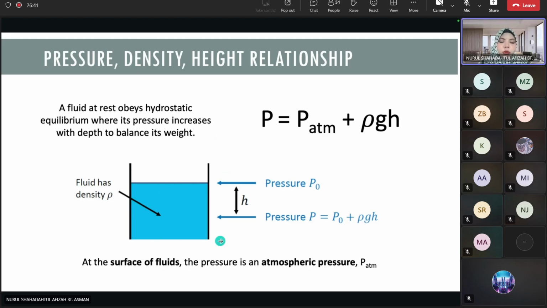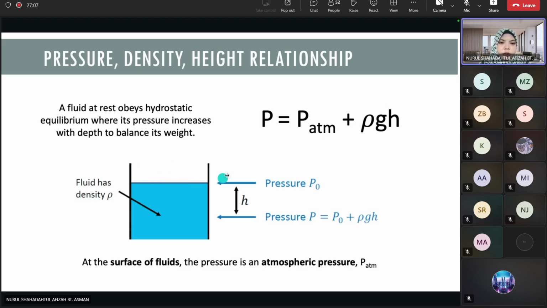So what we learned before, fluid has a density, and different types of fluid have different values of density. So as you can see here, pressure equals atmospheric pressure plus density times gravity times height, ρgh. So this is pressure.